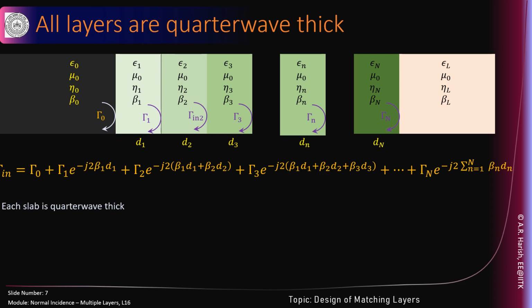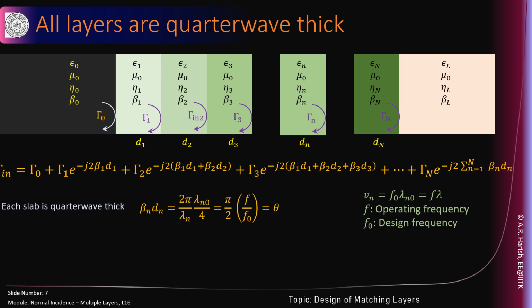Now we make one approximate assumption. Each slab, we assume that it is quarter wave thick at a particular design frequency. We'll come to that. So that is beta n dn is equal to 2 pi by lambda n, because beta is 2 pi by lambda, and dn is quarter wave thick, that is lambda n naught by 4.